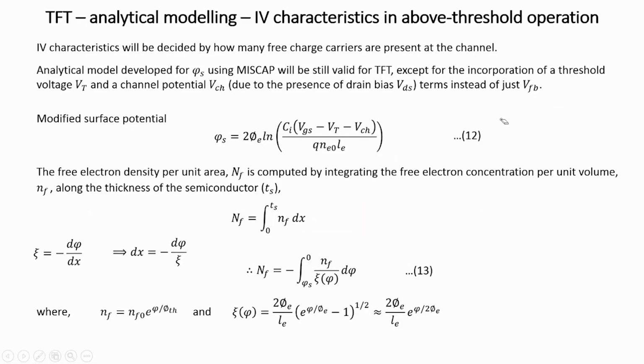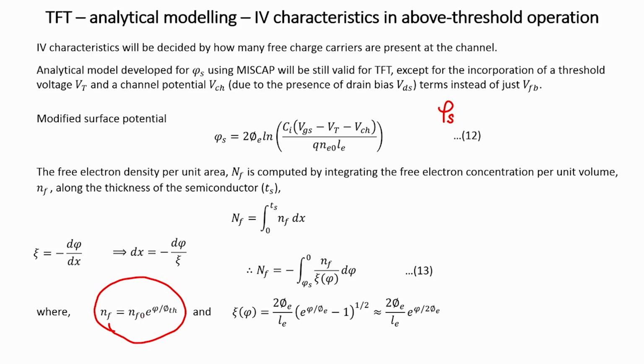Now, the next step towards modeling is, now we have the potential function and we have the surface potential. The surface potential determines the free carrier concentration per unit volume, which is defined by this particular expression here, your NFO into e to the power phi by phi th.